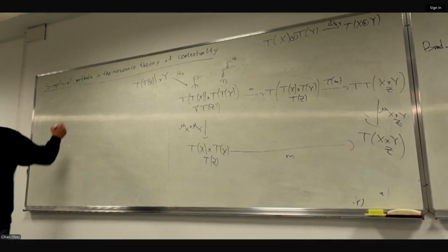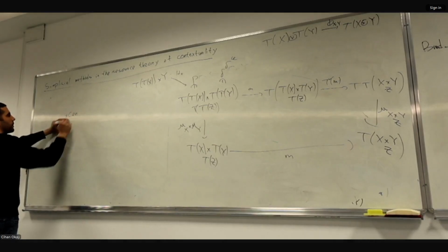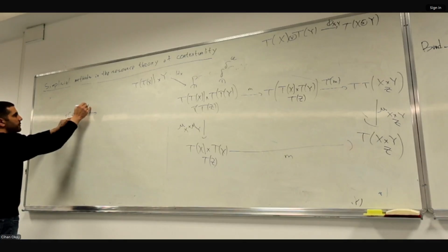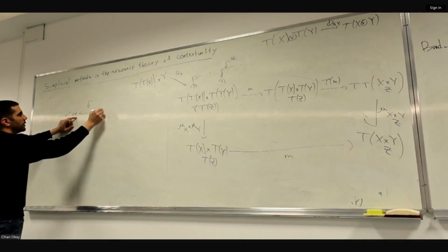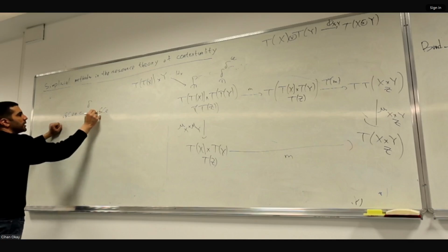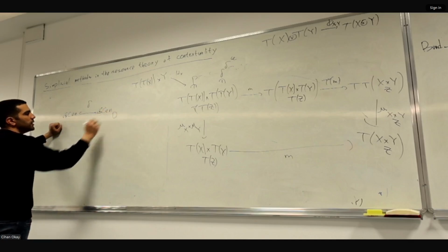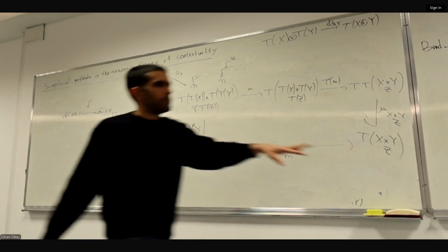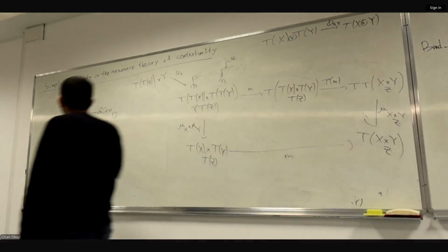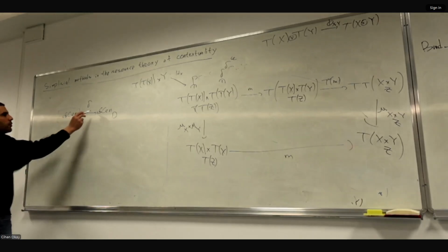We wanted this category, but there is a functor from this category induced by the delta to this category, simplicial scenario over D. Then the morphism without this D, like what we explained before, will be the identity. This is the category that we're interested in, but it's included in a much bigger category.